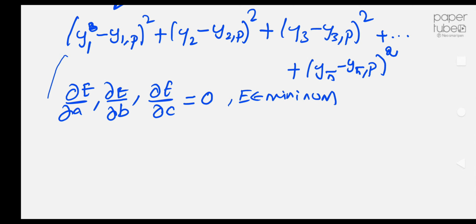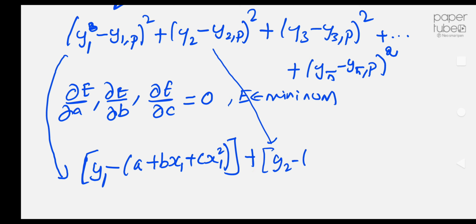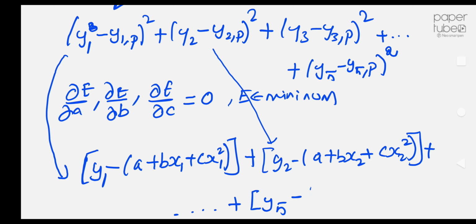So let's plug all the values here. We have y1 minus y1 predicted, that's y1 minus (a plus b x1 plus c x1 squared), the whole square, plus y2 minus (a plus b x2 plus c x2 squared), the whole square, and we can write up to y5 minus (a plus b x5 plus c x5 squared), the whole square.